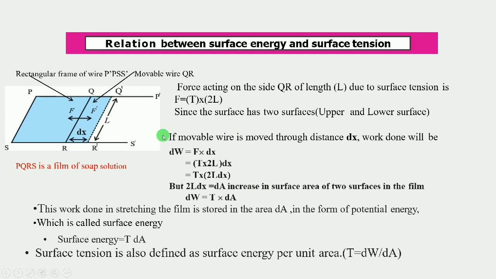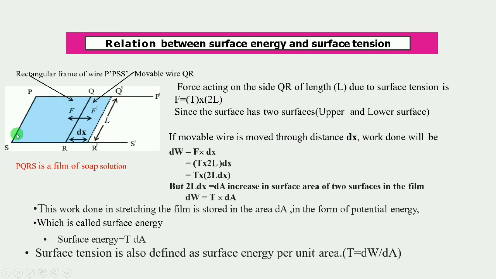Next, you have to determine the relation between surface energy and surface tension. So what we will do here: suppose we consider a rectangular frame of wire. We fold the wire in a rectangular shape.